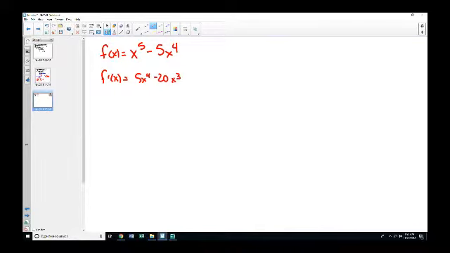You can do more than that even. Five x cubed, or x squared, okay. Greatest common factor, and then we end up with an x minus 4. So our values are 0 and 4. Those are our critical points.